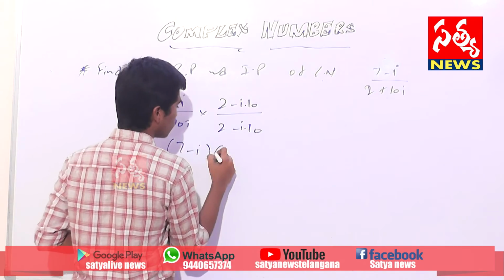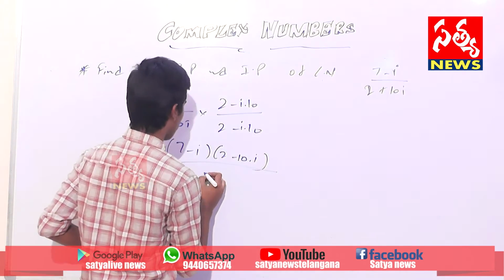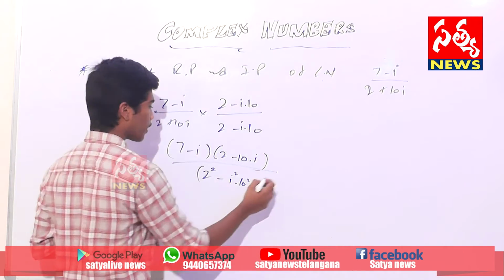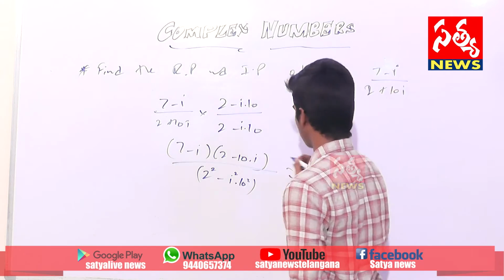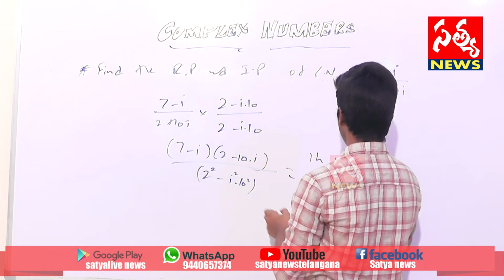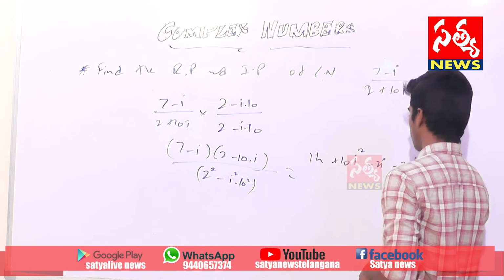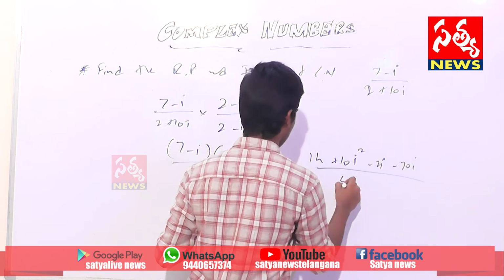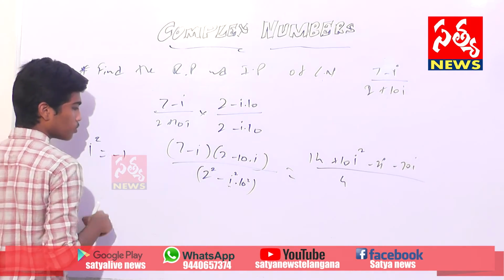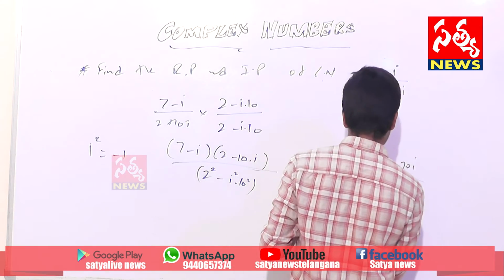Now 7 minus i into 2 minus 10i, divided by a plus b into a minus b, which is a square minus b square: 2 square minus i square into 10 square. Now multiplying: 7 twos are 14, minus 70i, minus 2i, plus 10i square. 2 square is 4, and i square is equal to minus 1, so minus minus gets plus, into 100.